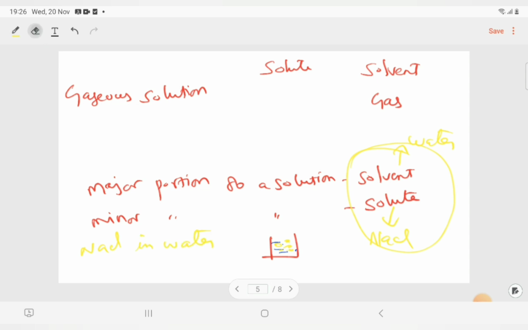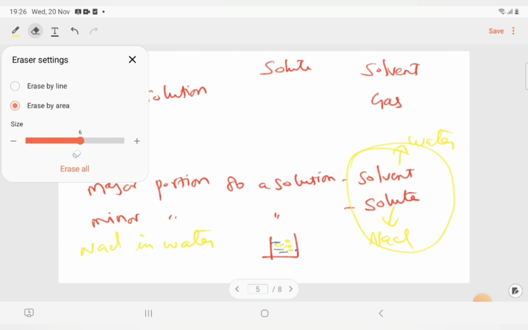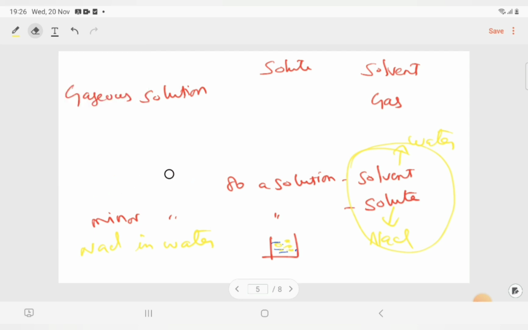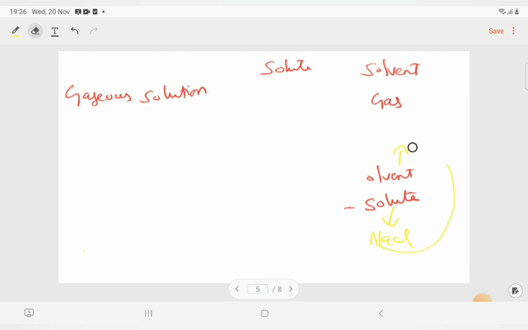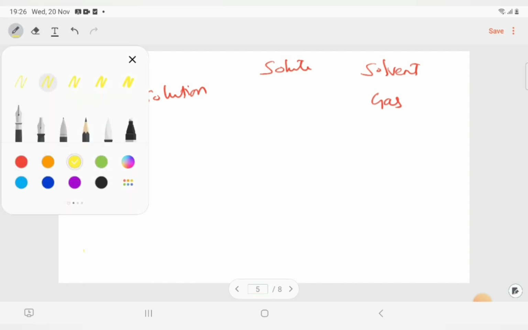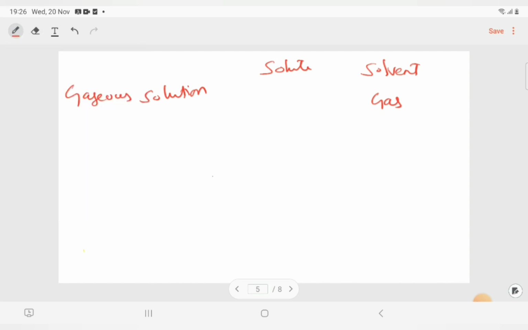So remember that the major portion is called the solvent and the minor portion is the solute. So whenever we say gaseous solutions, that means the solvent here is the gas. Solute could be different.